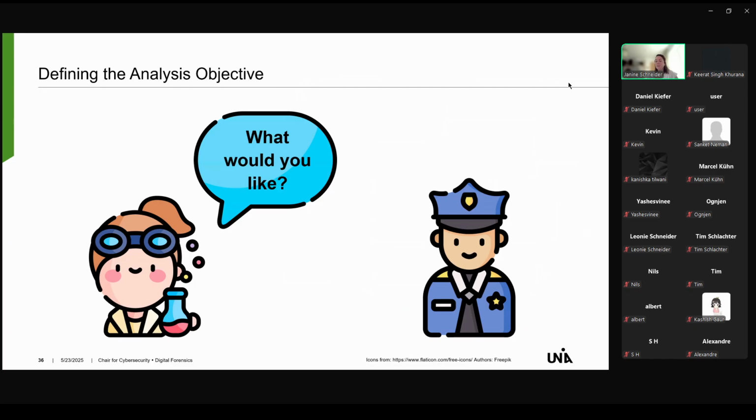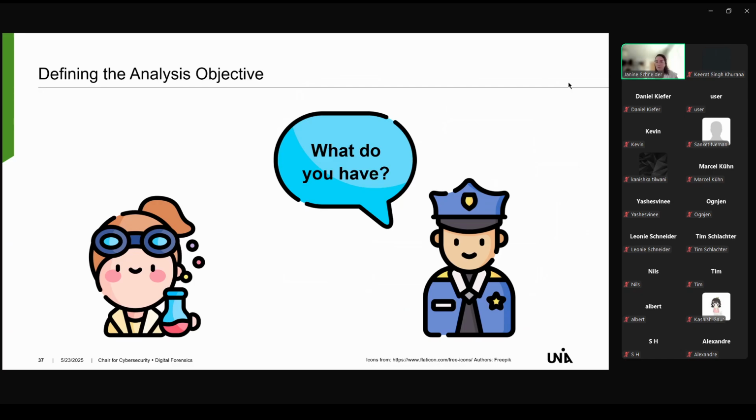And then you might ask the police person, what would you like? What do you need for your case? So scientists need to understand the objective of the investigation. And therefore, they need the context of the proceedings, the context of the discovery of the trace, which forensic legal question should be answered, what actually helps to solve the case.